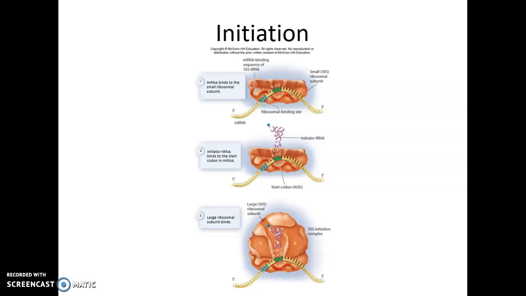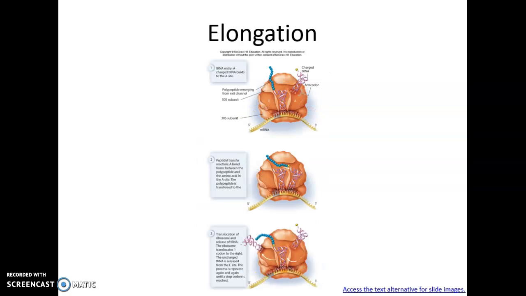Elongation is now we will have the tRNA bond with the codon, and then the second tRNA comes in that matches the codon. Eventually, this tRNA will pass the growing strand of amino acids onto this tRNA, and then it will move out of the ribosome altogether.